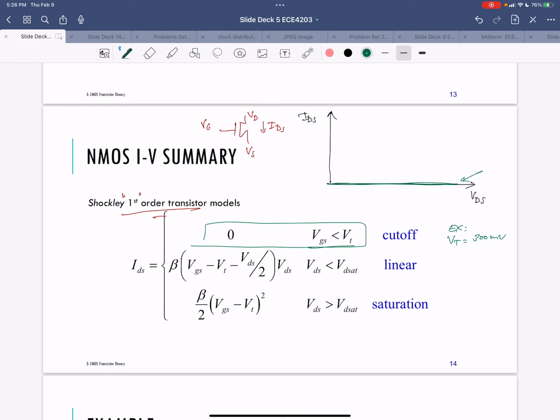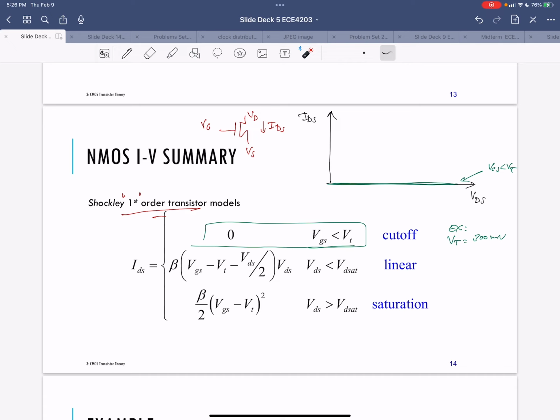They're just sitting on top of each other because for all of them there's 0 current from the drain to source.